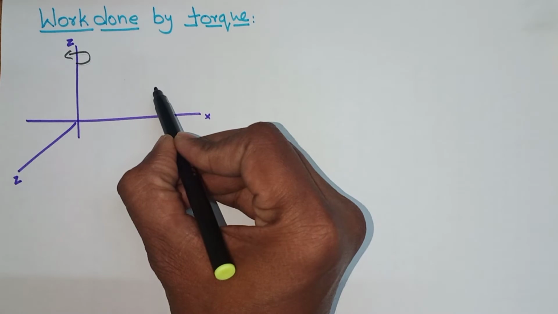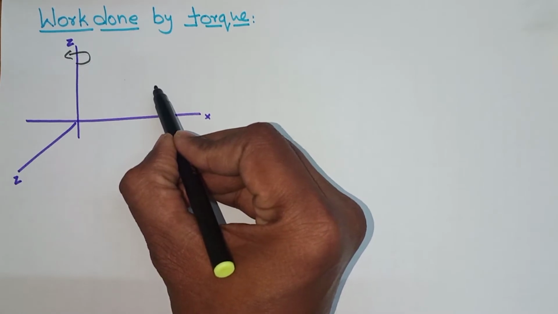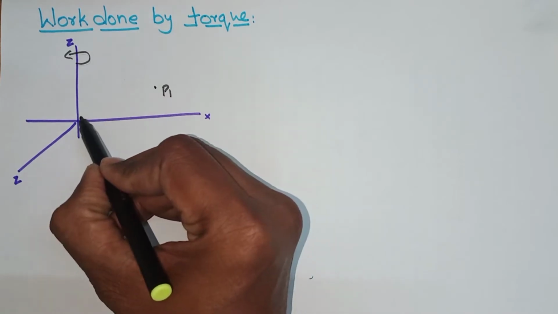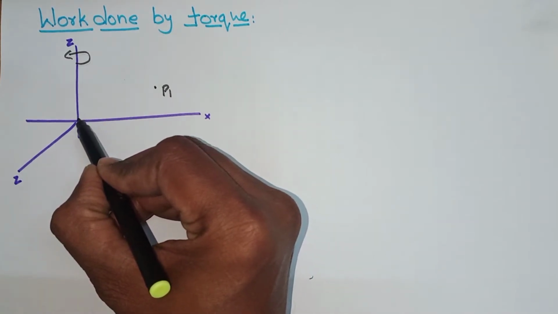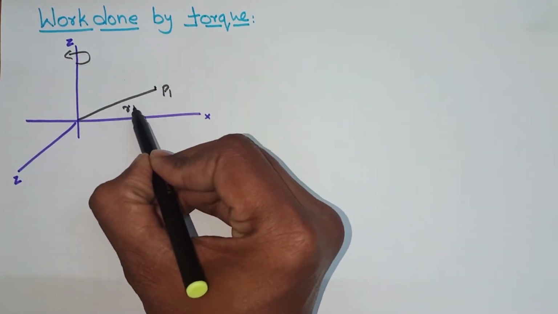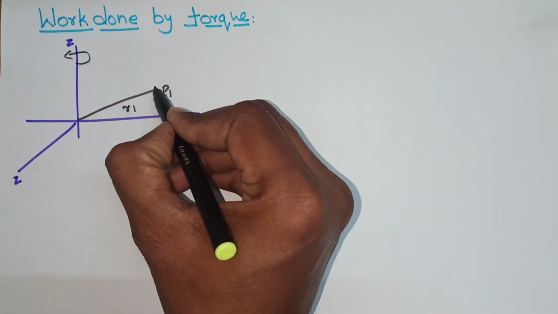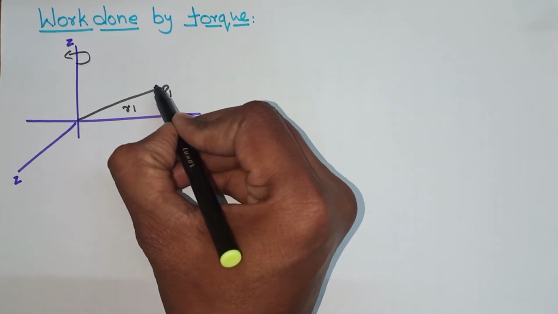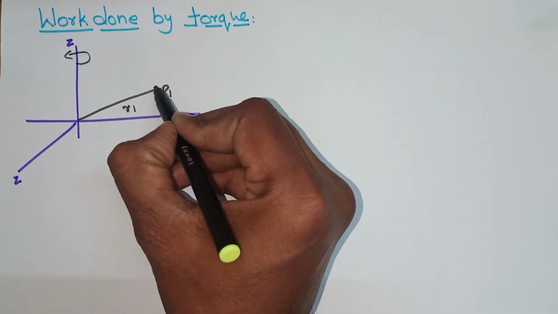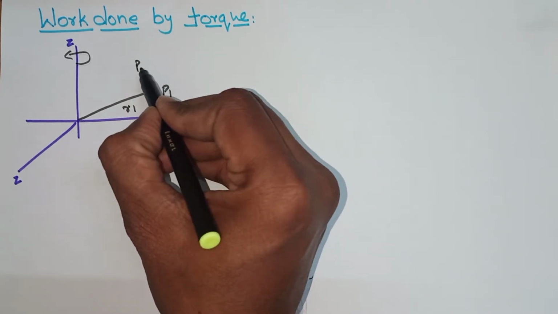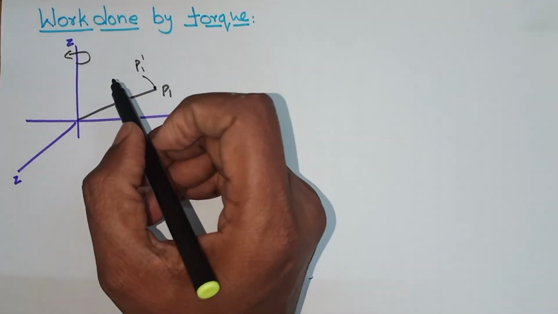Let's see a simple particle whose position is p1, where the position vector is called r1. The position vector r1 at point p1 is rotating about the z-axis. The linear displacement is p1 to p1 dash.